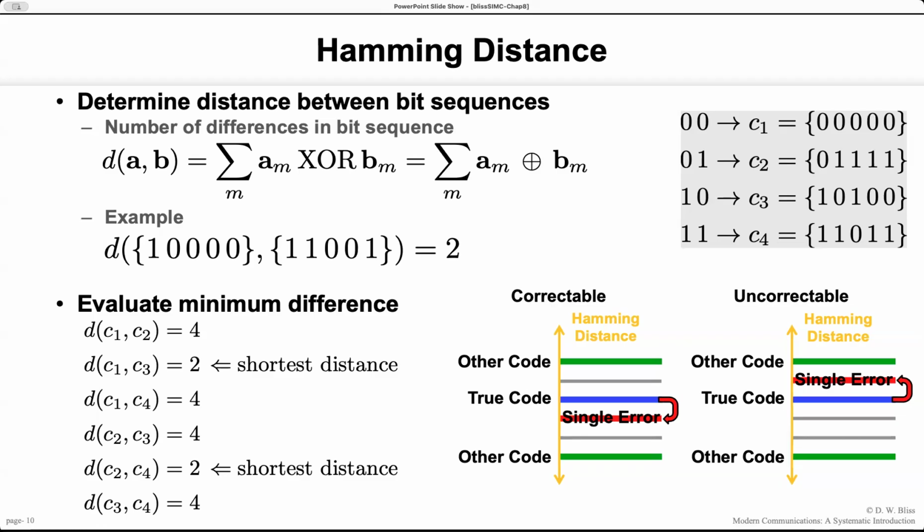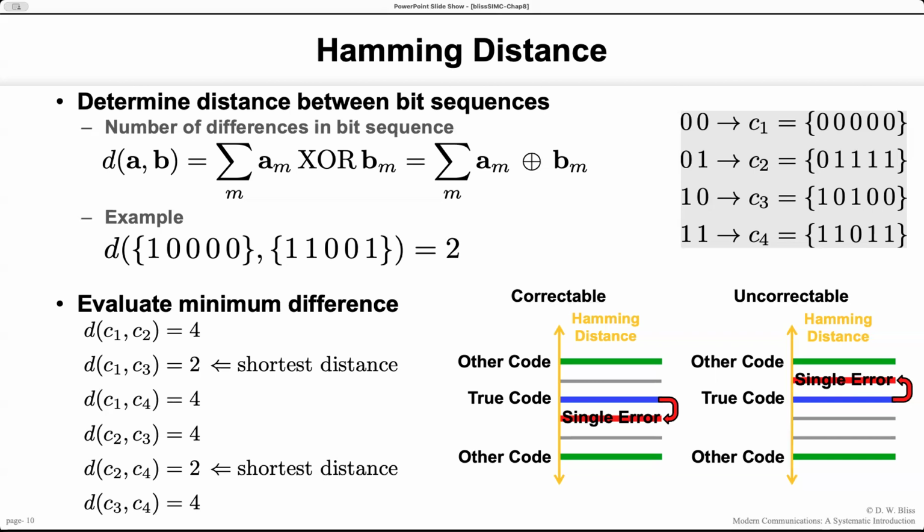All right. So it sort of depends on the direction that the error goes in. But you can imagine a scenario where you had a Hamming distance of 3, like the cartoon we see here for the correctable version. If it heads towards another code word, and the Hamming distance between the true code word and the other code word is 3, and I have a single bit error, well, then I can tell which code word it came from, because the closest code word is the true one.